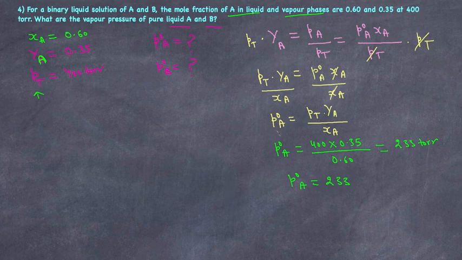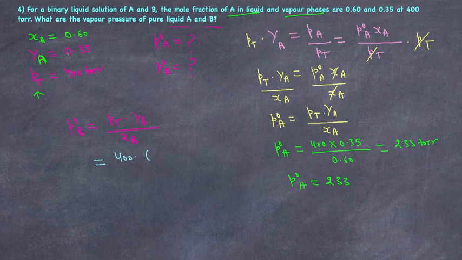Similarly, we can write the formula for P naught B, but we can copy it from here, and this gives me P naught B is equal to PT, which stays the same, multiplied by the mole fraction of component B in the vapor phase, YB, divided by XB. Now PT, we know that PT is 400. What will be the value of YB?